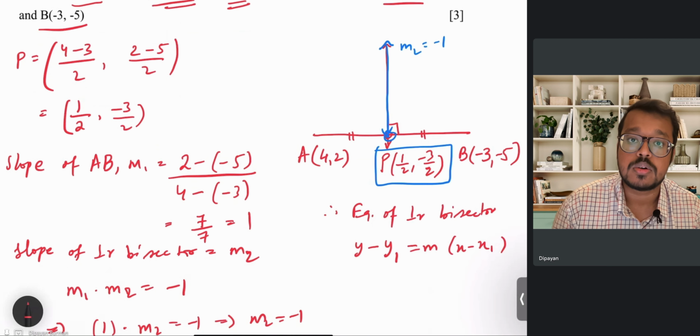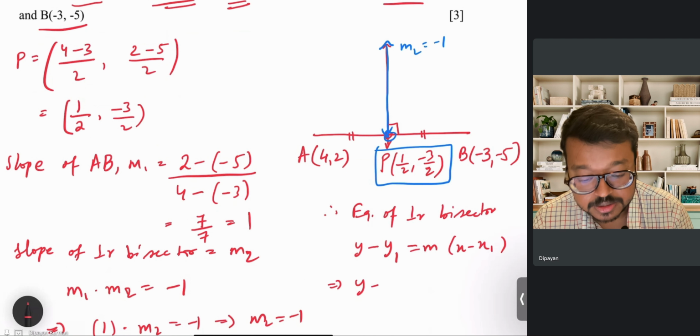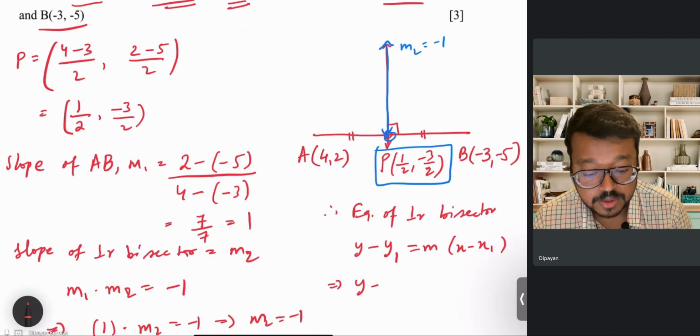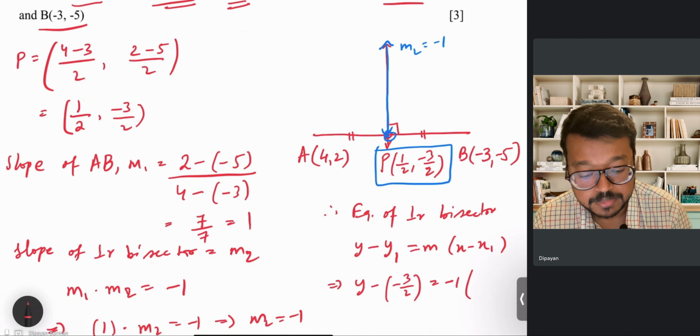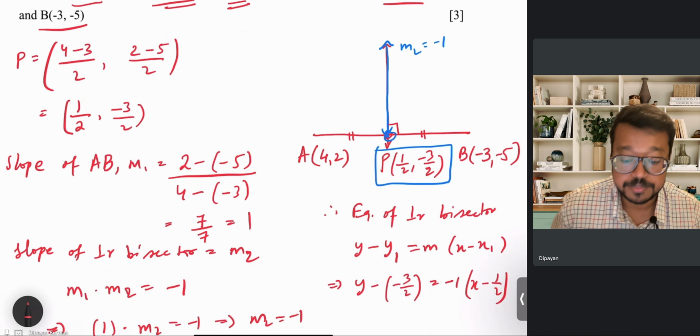We know both of these things. So the equation will be y minus y1. The y coordinate of point P is minus 3 by 2. That is equal to minus 1 multiplied by x minus 1 by 2. The x coordinate of point P is 1 by 2.